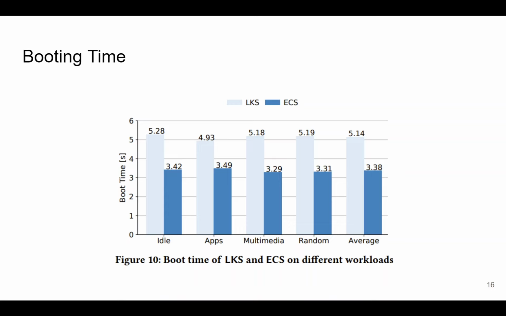We measured 10 consecutive boot times from power on to resume complete and calculated the average. Figure 10 gives an average booting time over 10 runs. We can see that ECS is always faster than LKS across all the workloads. ECS is 1.5 times faster than LKS on average.